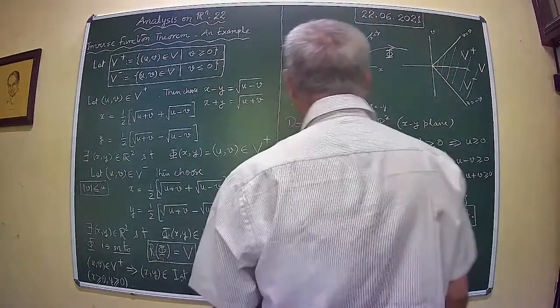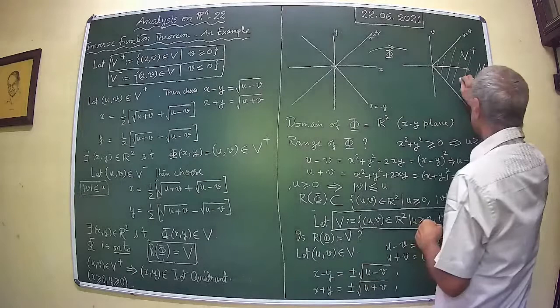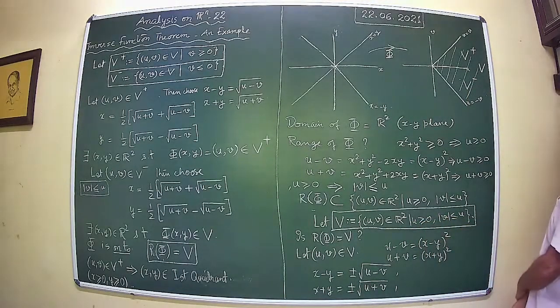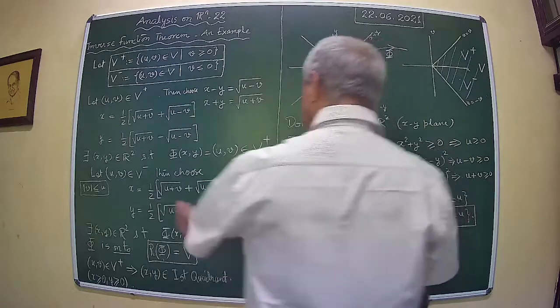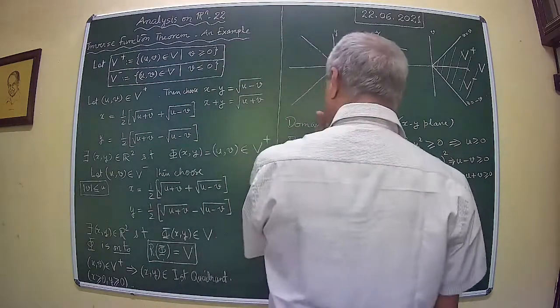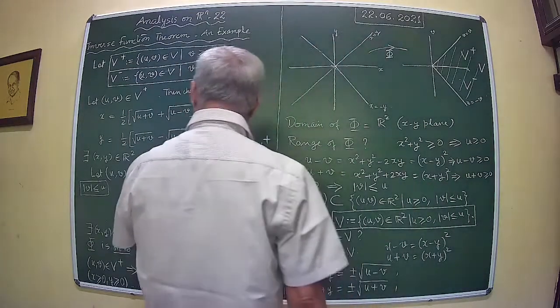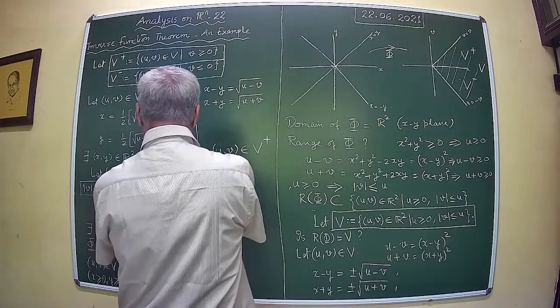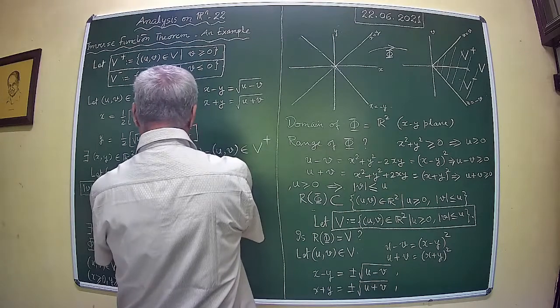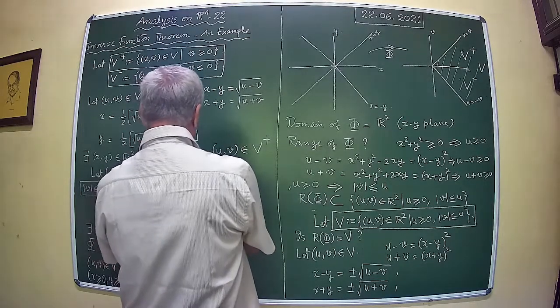What happens when (u, v) is some point here? That is, v is negative, but certainly mod v is less than or equal to mod u. If that is satisfied, then what happens? Let us look at this map. Suppose v is negative, now you see that this is positive, and what about this?